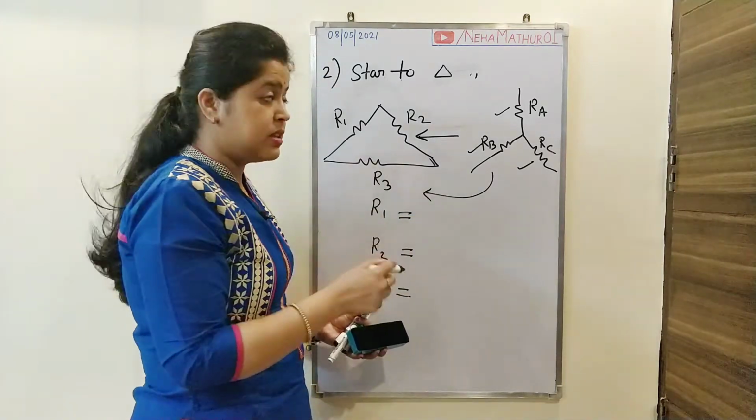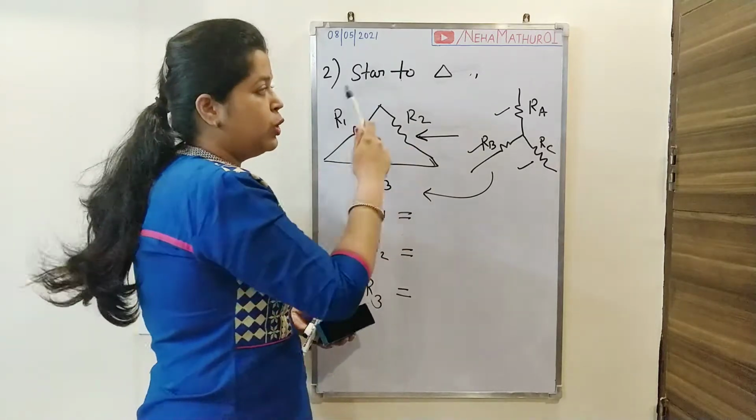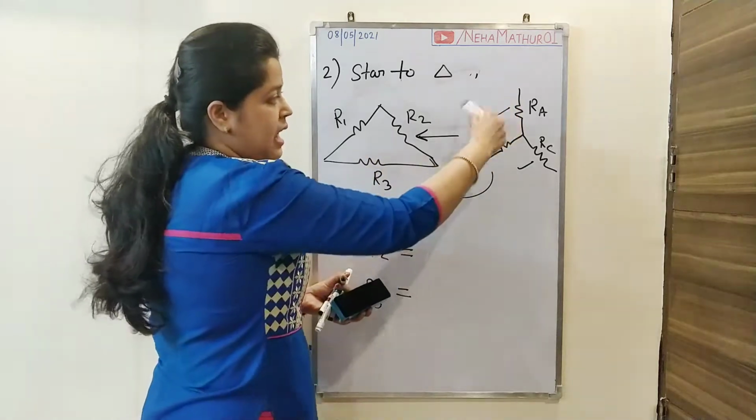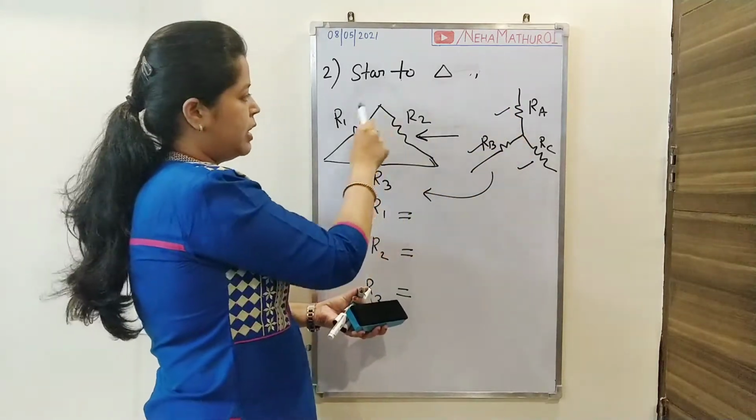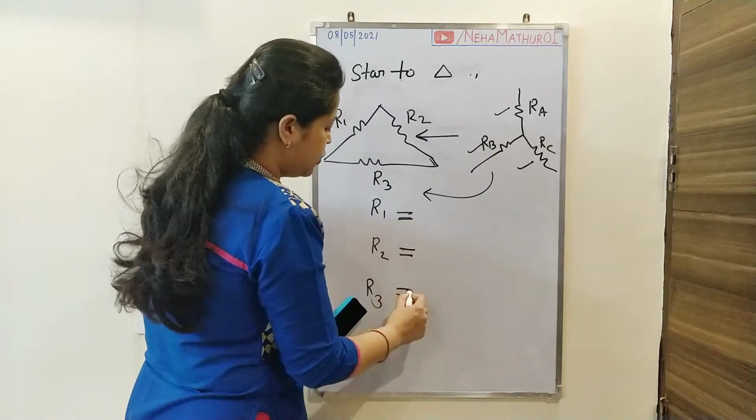In the previous case, in the delta to star, R1, R2 and R3 were given, and you wanted to find RA, RB and RC, but in this case the star form is given and you want to convert that form into delta. So now the question is, how can we calculate R1, R2 and R3.